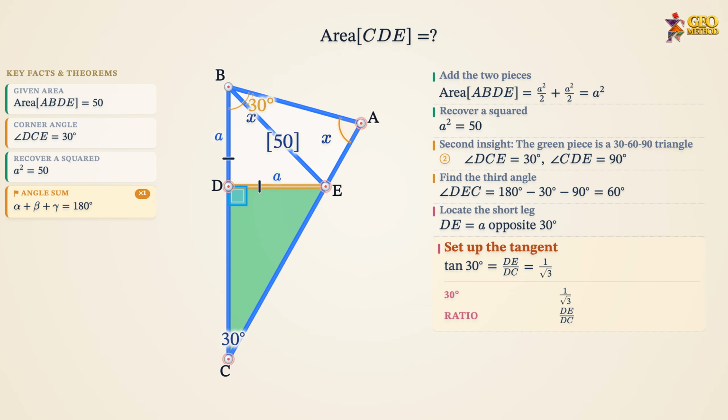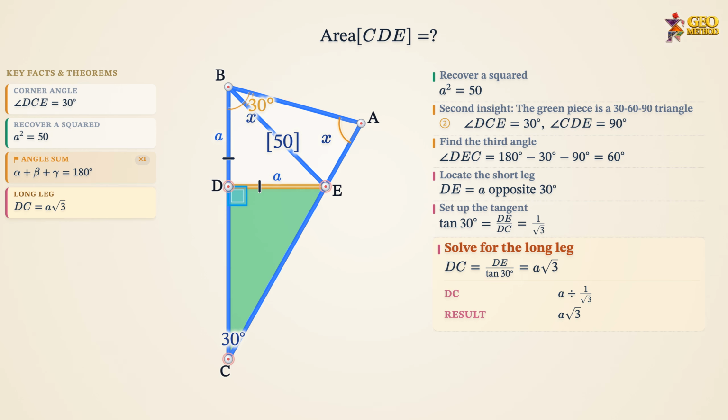From vertex C, the tangent of 30 degrees is the opposite leg segment DE over the adjacent leg segment DC, and the tangent of 30 degrees is 1 over root 3, giving us an equation for segment DC. Rearranging, segment DC equals segment DE divided by 1 over root 3, which is A times root 3.